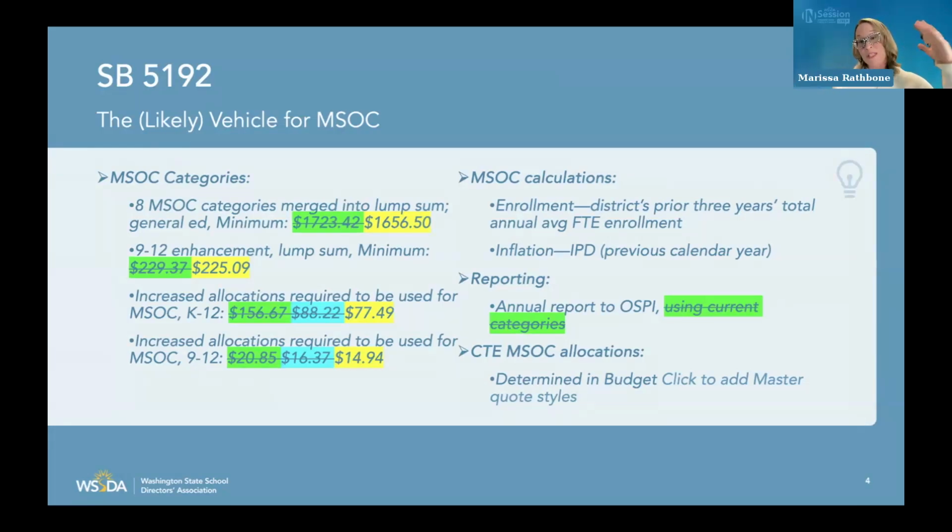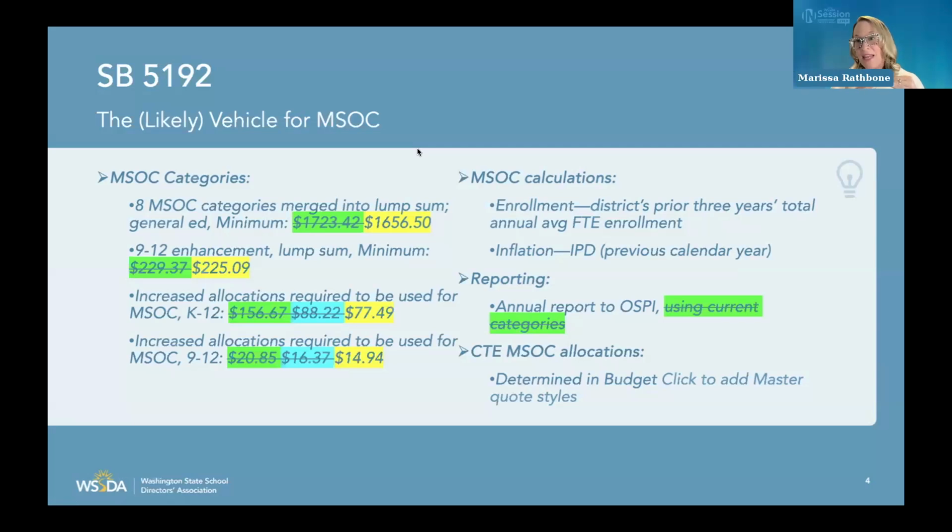So they started higher, and we've seen them gradually reducing the allocation amounts in all areas. So that probably is the more likely direction. I think our best hope is that they are maintained at this level, and that we encourage our legislators to hold firm at these levels, assuming that they won't bring them back up.